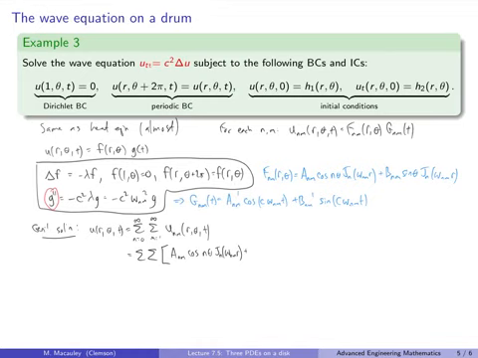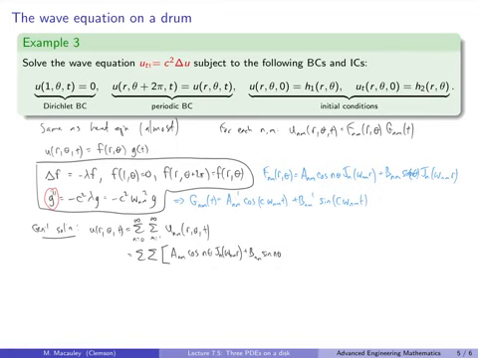and then what did I call this? B nm sine of n theta. Oh, look what I forgot up here. I forgot my n theta. So I'm going to put an extra sine of n theta. You see that? Yeah, I think you know what that is.